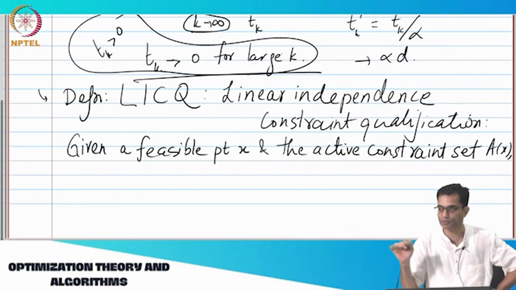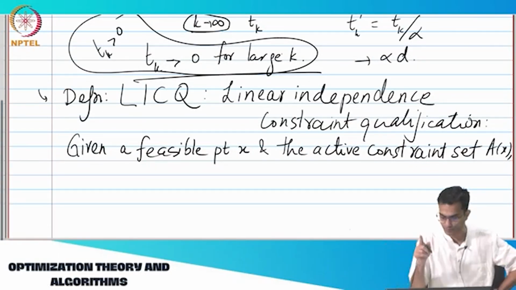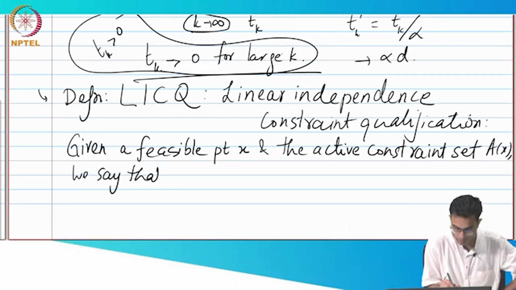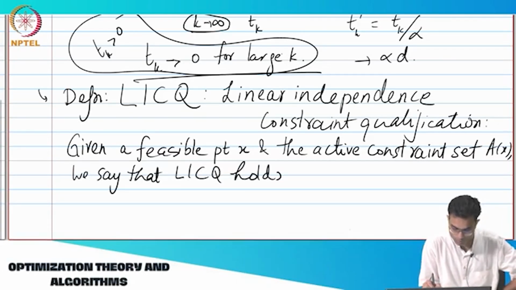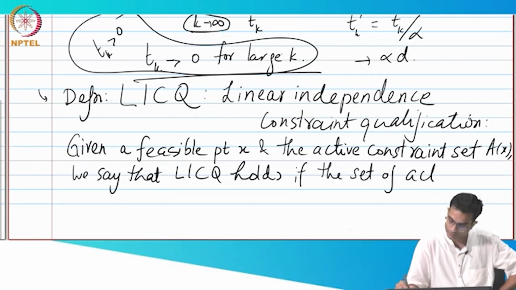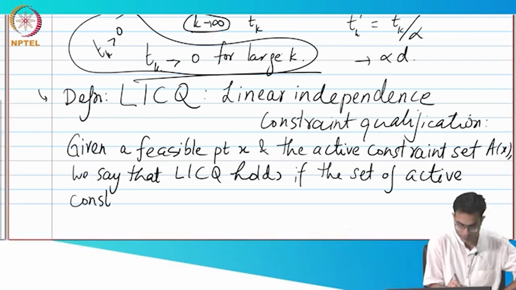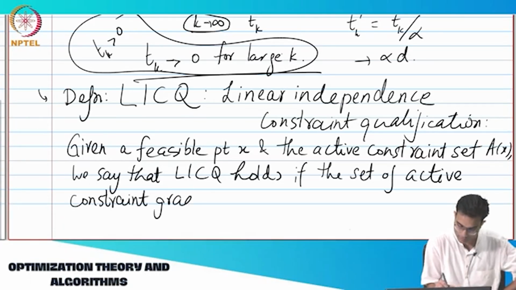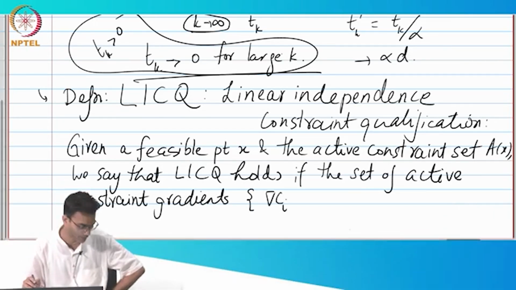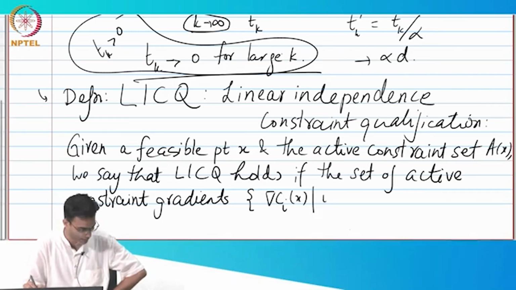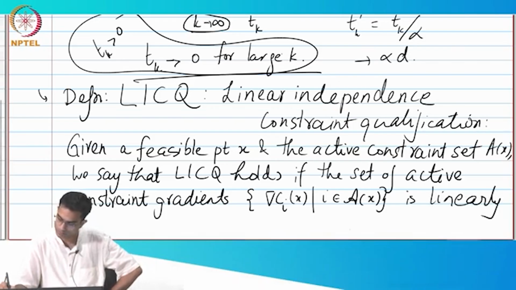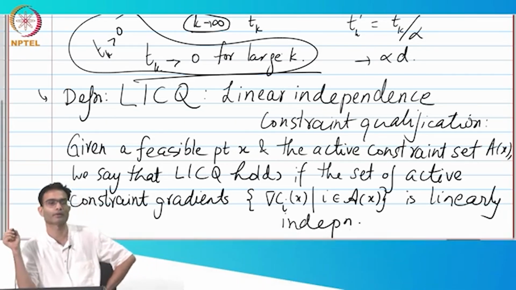Okay. So active set everyone knows, equalities and inequalities which are active. So given a feasible point X and the active constraint set, we say that LICQ holds if the set of active constraint gradients, these guys, grad Ci, and of course i belongs to the active set, is linearly independent.